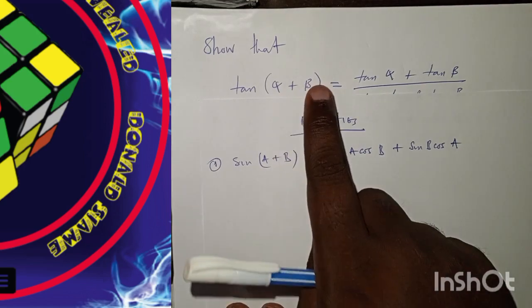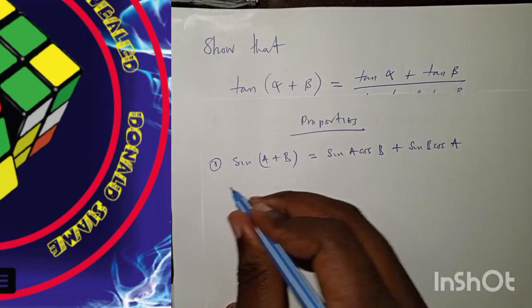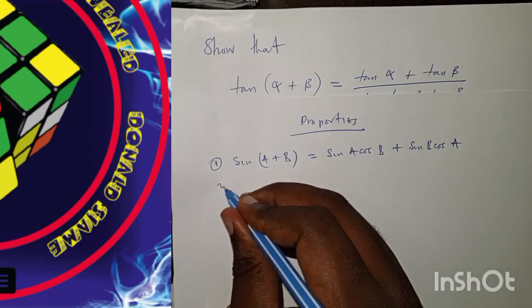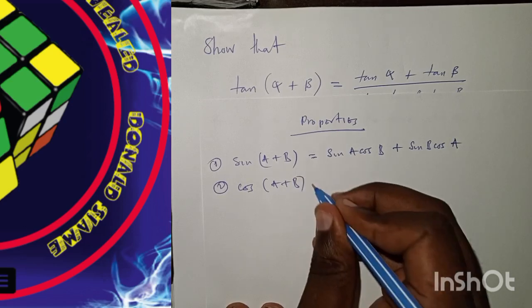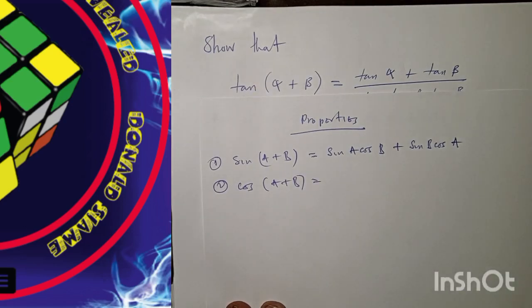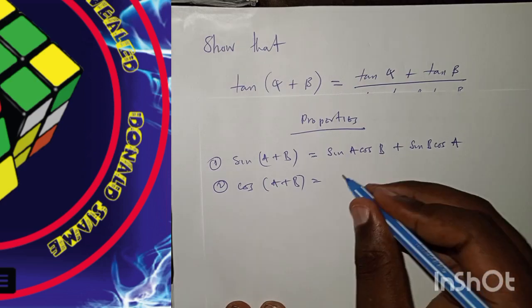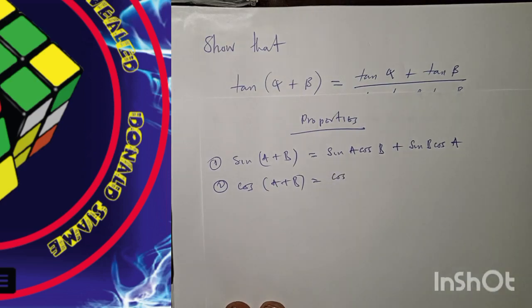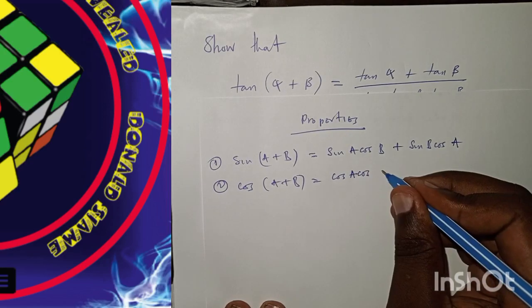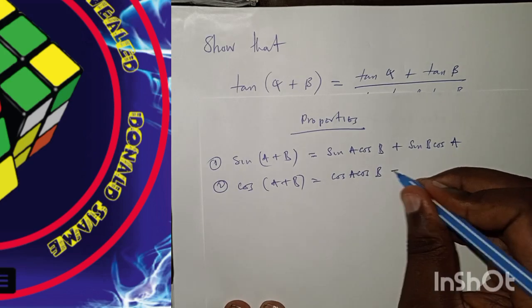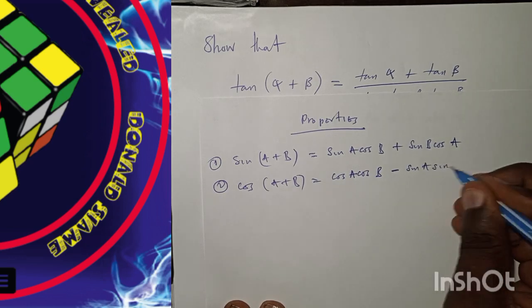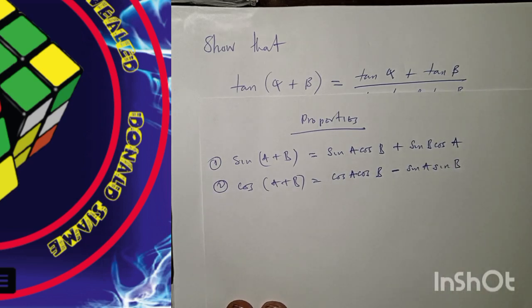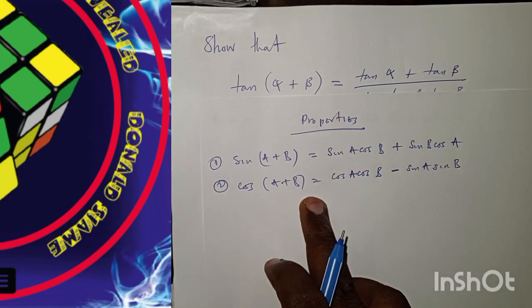Then we have cos of a plus b, which is equal to cos a cos b minus sine a sine b. That is the identity for cos of a plus b.